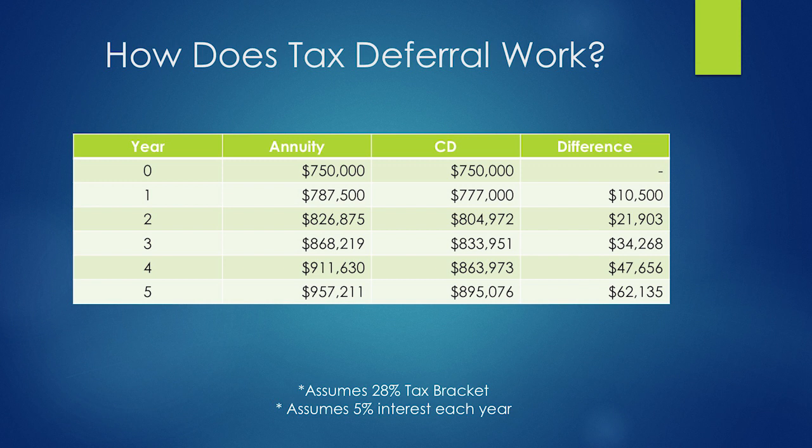If you take the money out of the CD each year to pay taxes, you put in $750,000 in year one based on a 5% interest rate. After 5 years, that annuity is going to have $957,000. That CD is going to have $895,000. So even though you do have to pay taxes in the end, having the tax deferred accumulation really does help you accumulate more money.